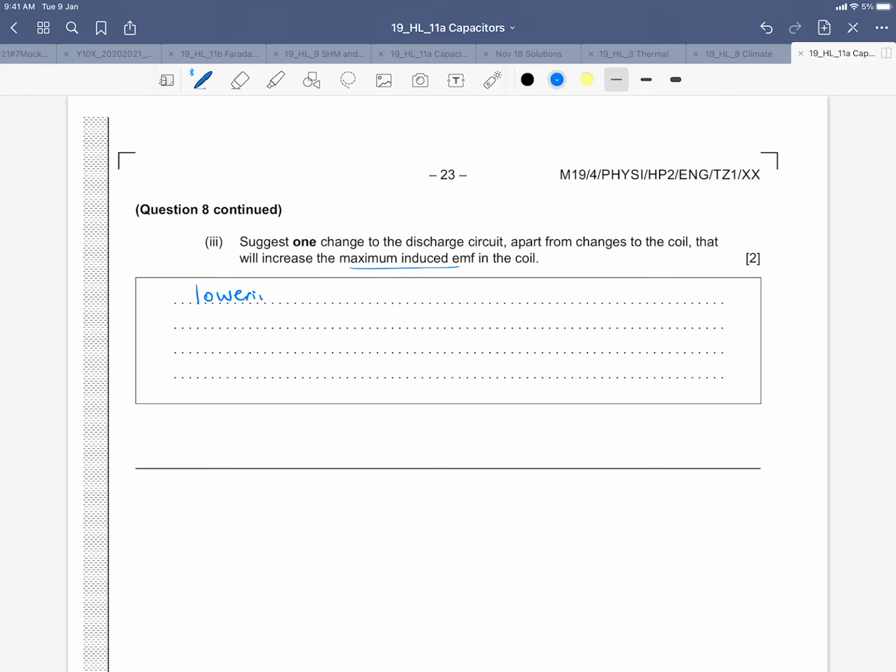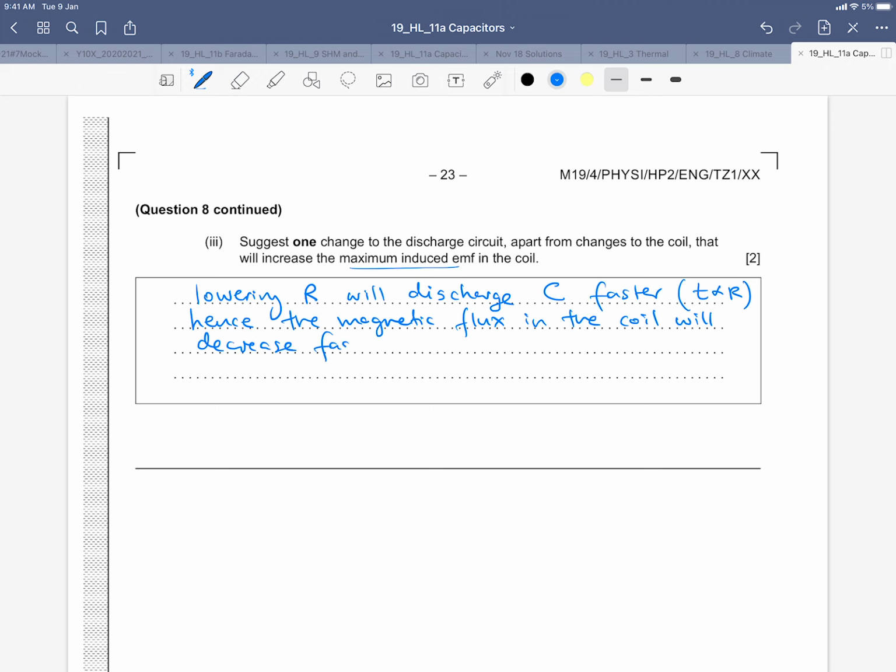Lowering the resistor will discharge the capacitor faster, because we know the time is proportional to R. Hence, the magnetic flux in the coil will decrease faster, and the max induced EMF will increase.